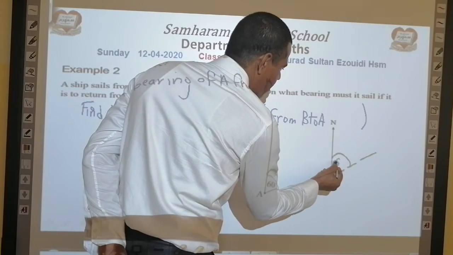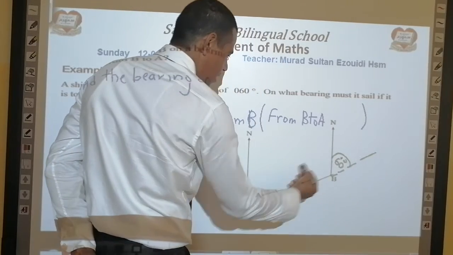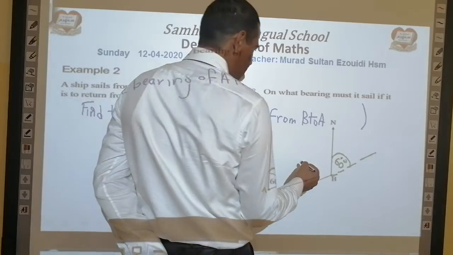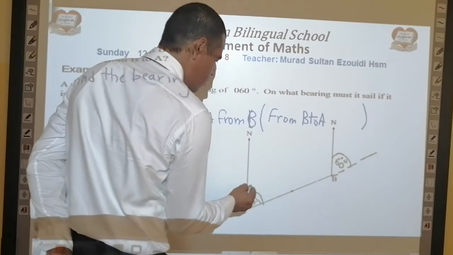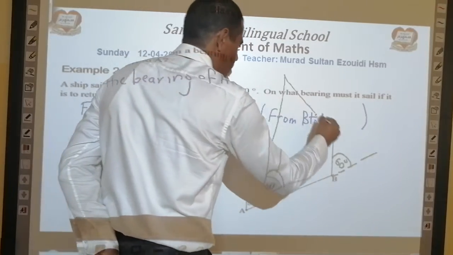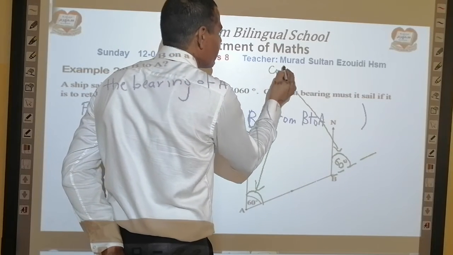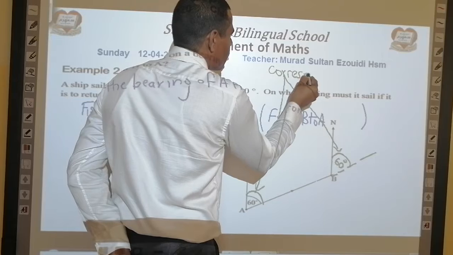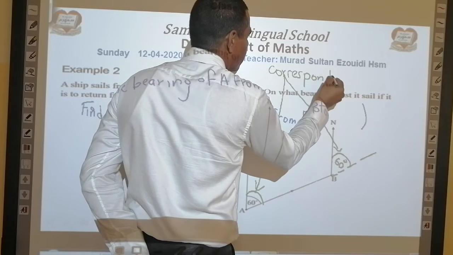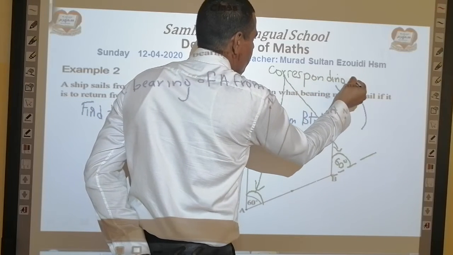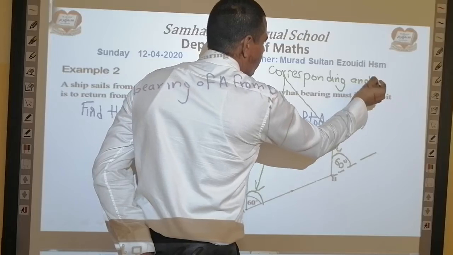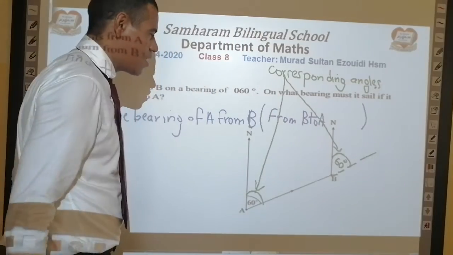Why? Both angles are called corresponding angles, okay? Which are equal in size.